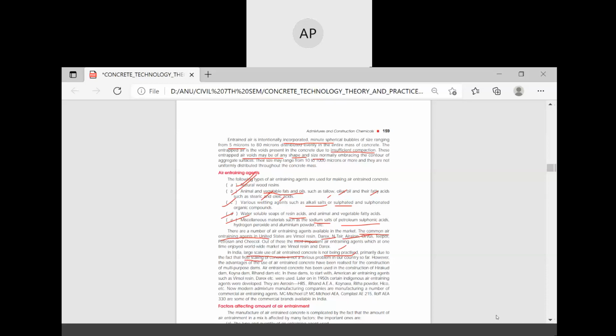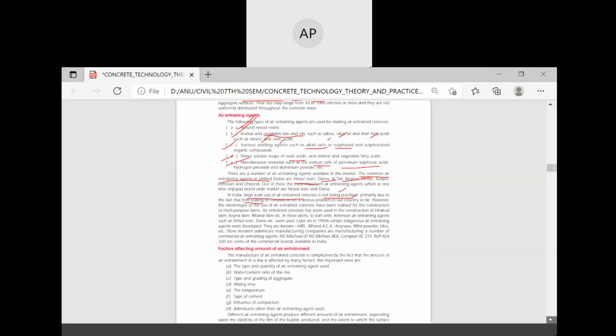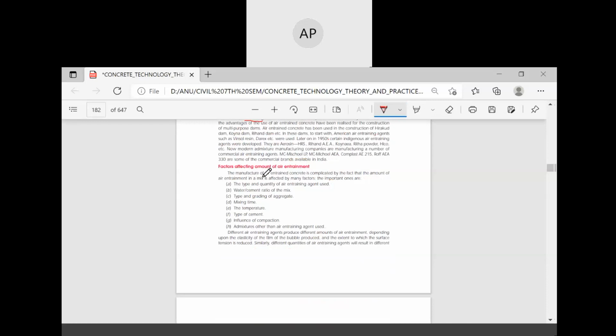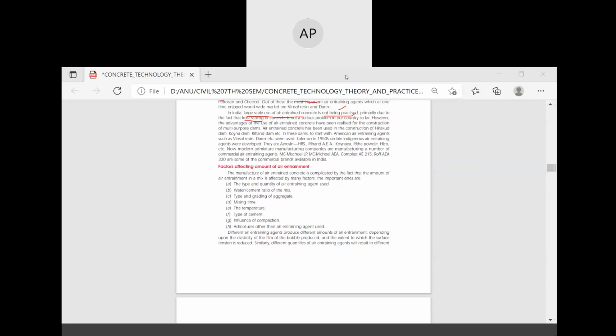Factors affecting the amount of air entrainment: the manufacture of air entrained concrete is complicated by the fact that the amount of air entrainment in a mix is affected by many factors. The important ones are the type and quality of air entraining agent, water cement ratio, type and grading of aggregate, mixing time, temperature, the type of cement, influence of compaction, admixtures, and other entraining agents.